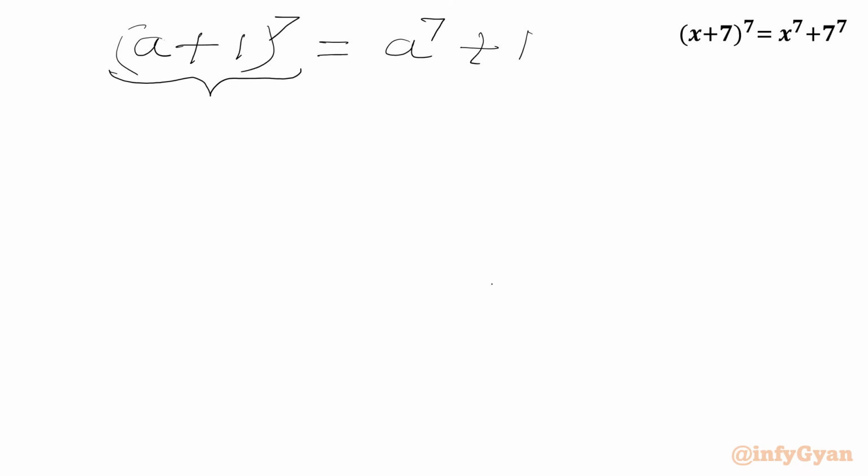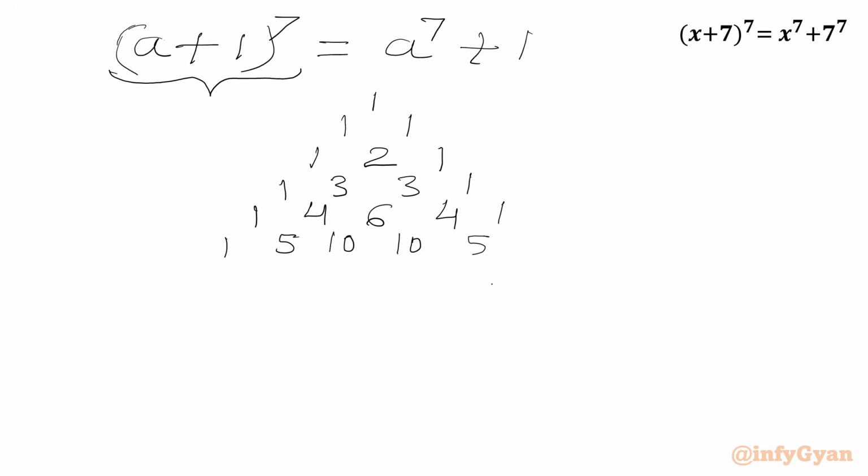Now for power 7, we need to know the expansion coefficients. So I will draw the Pascal triangle. For power 2, we have coefficients 1 2 1. For power 3, 1 3 3 1. For power 4, 1 4 6 4 1. For power 5, 1 5 10 10 5 1.